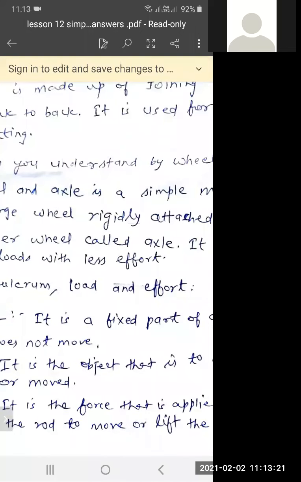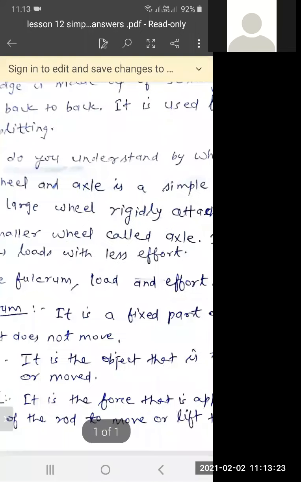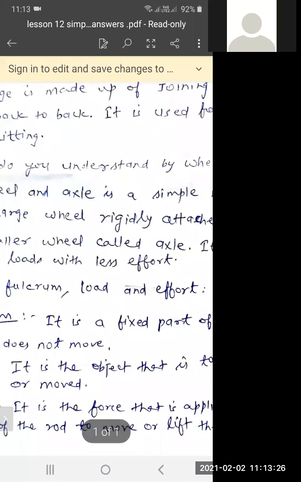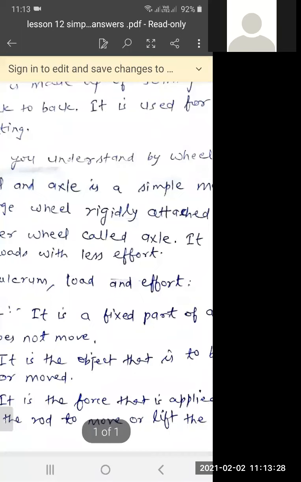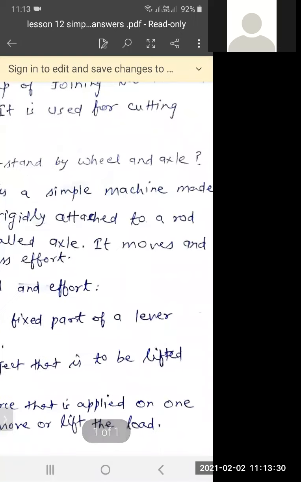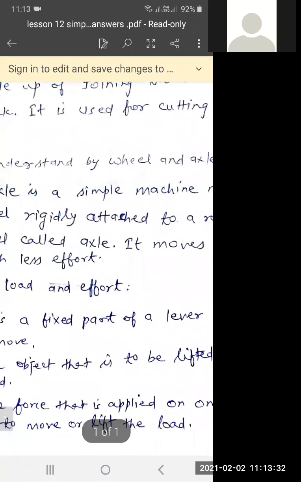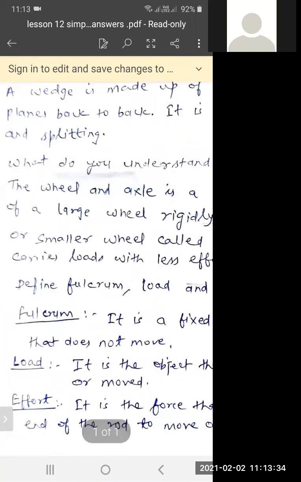Remember always, it is a fixed part of a lever that does not move. Clear है? Yes, student. Fixed part that does not move.